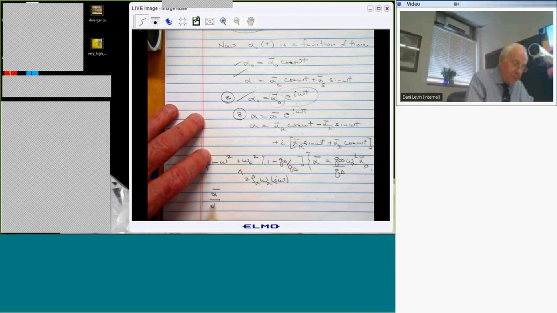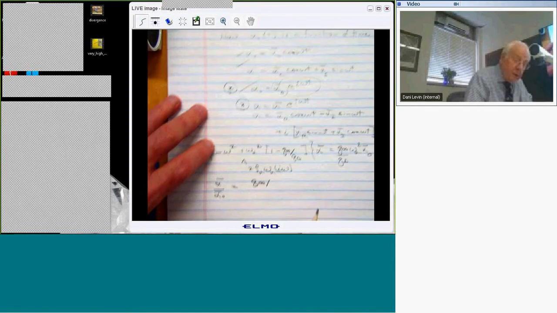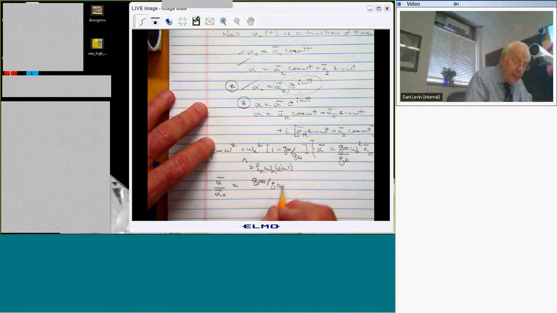And it turns out to be q infinity over q divergence omega alpha squared, that's the coefficient of this, divided by all this other stuff, minus omega squared plus omega alpha squared, 1 minus q over q divergence.